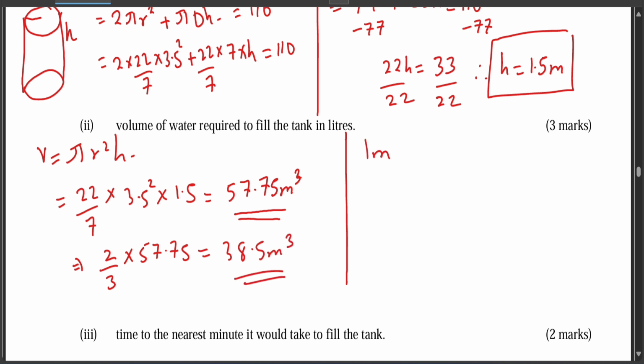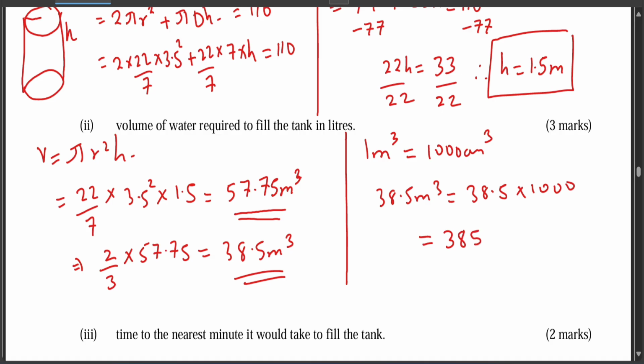You've been told to write your answer in liters. So if you want cubic meter, it gives you 1,000 liters. So for 38.5, you just multiply, and therefore your answer will be 38,500 liters.